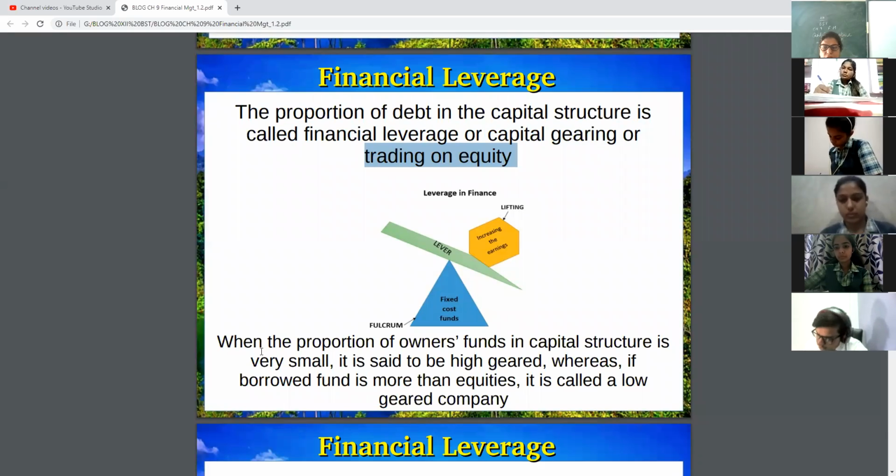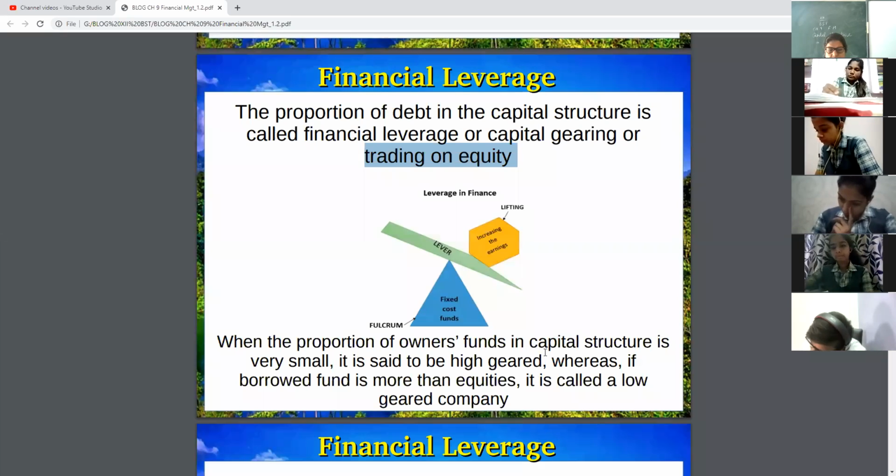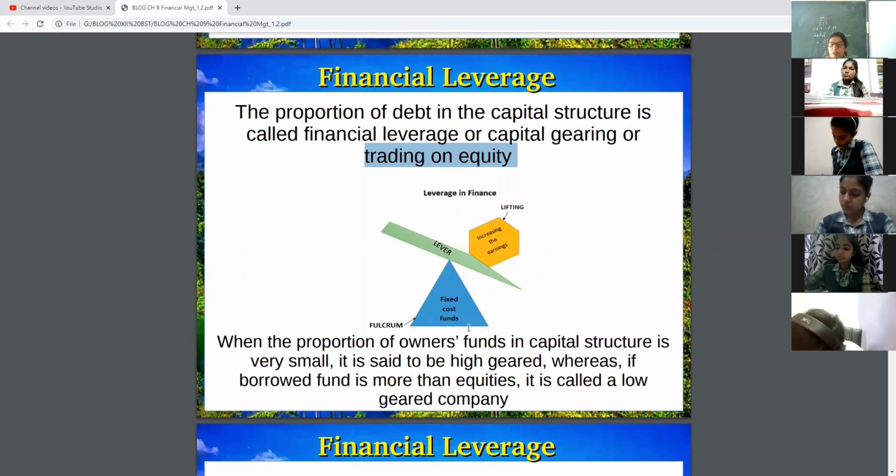Note down please, because one marker question is there. When the proportion of owner's fund is very small, it is said to be high gear. And when borrowed fund is more, it is called low gear. This question, trading on equity, will be included in numericals in this chapter, but that topic is given in a very complicated, tricky language and the terminology is a little bit difficult for you.